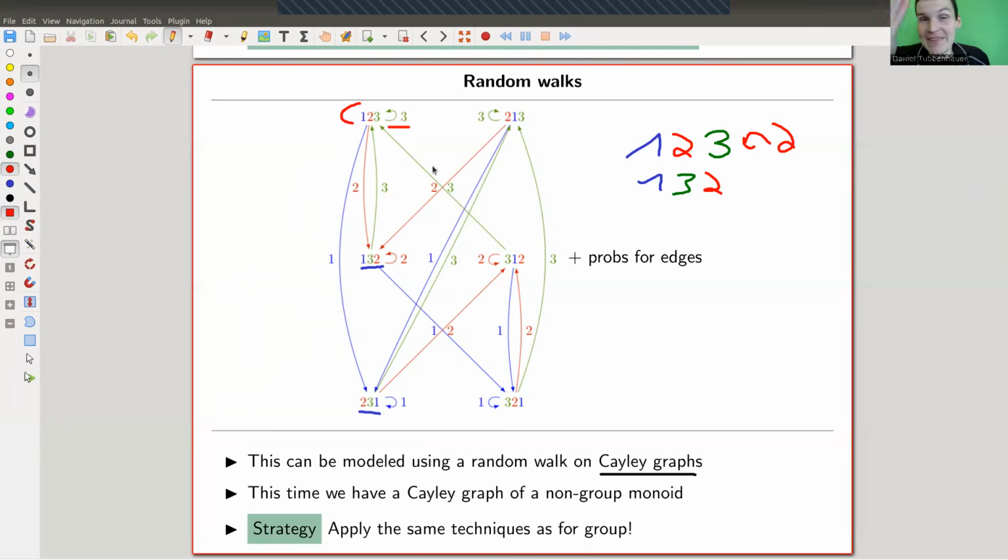It's just exactly the library that we had before. And now we can think about a random walk on this graph, and you should be able to apply the same techniques from the group case, and you should get some nice statements in terms of characters of the monoid, which will determine the eigenvalues and then the long-term behavior of the system. In this specific example, it takes the following form.